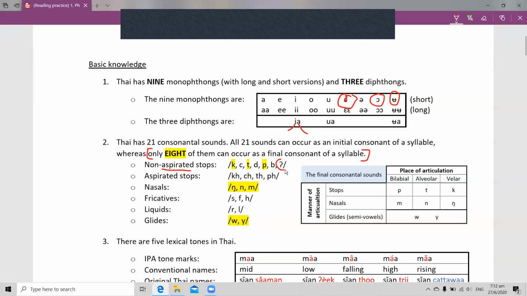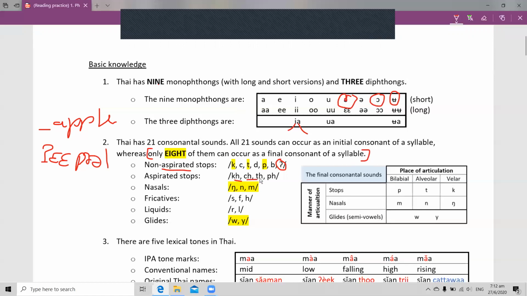We use this when we pronounce words that begin with a vowel. For example, apple in English. We don't see any consonant here, but actually there's a glottal stop here. Apple.